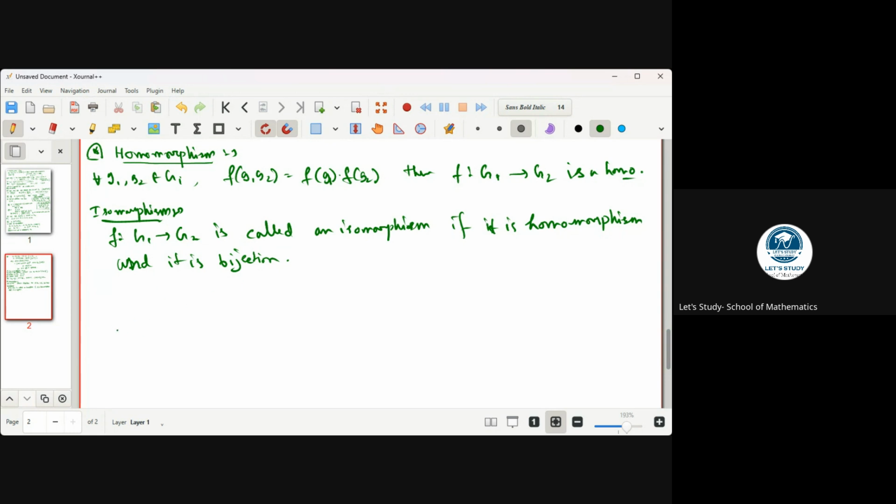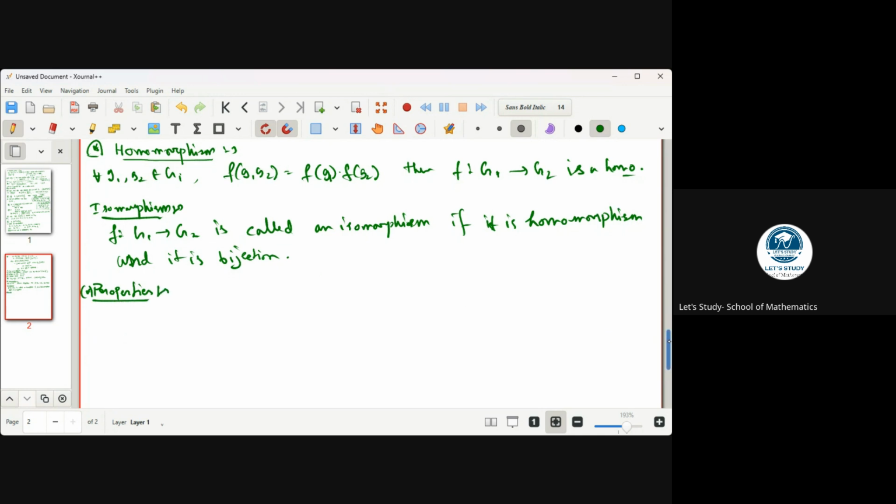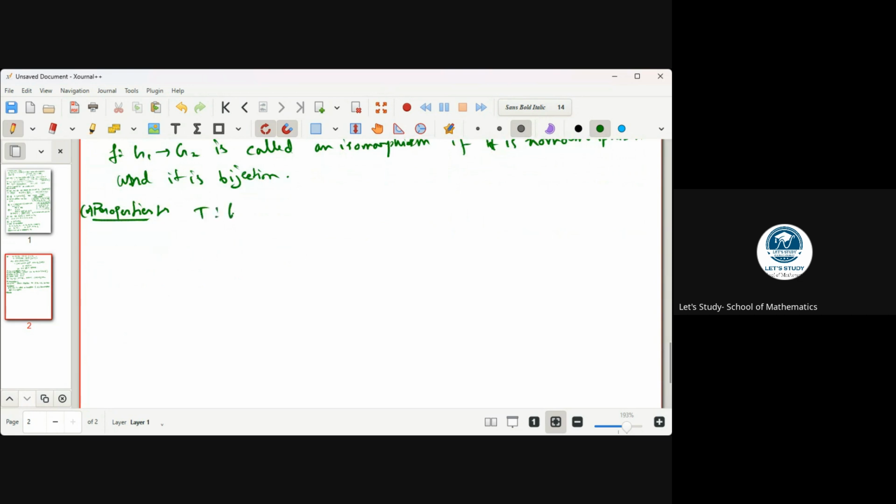Okay, so now the important thing, which is properties. This is very, very, very important. You will need many of these things. If T from G1 to G2 is an isomorphism, then: the first one is identity goes to identity.